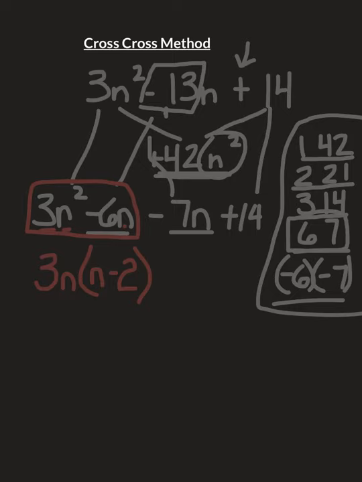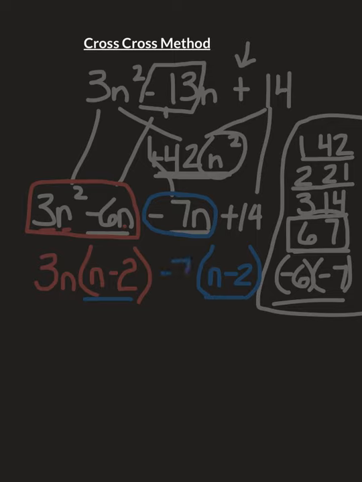Now, reminder, this back parentheses we know already has to be n minus 2 because the parentheses have to match because of the way the distribution works. So all you really have to do here is ask yourself, how does negative 7n become a positive 1n?